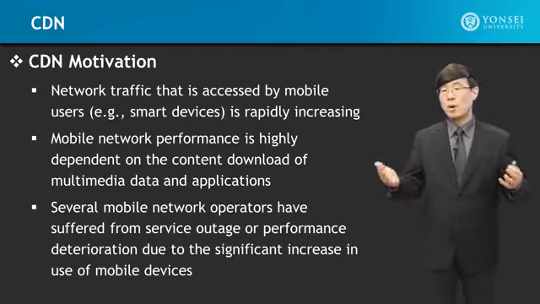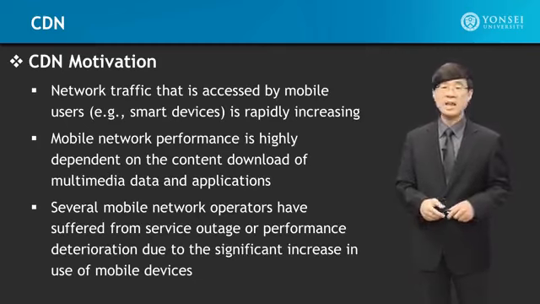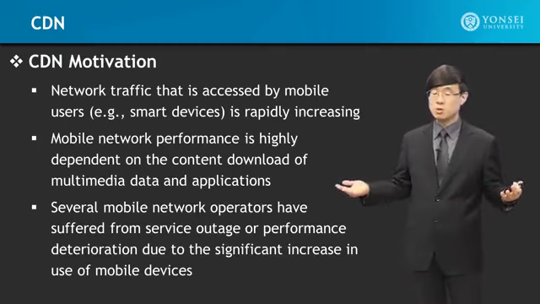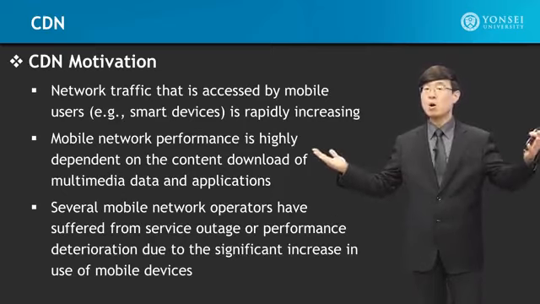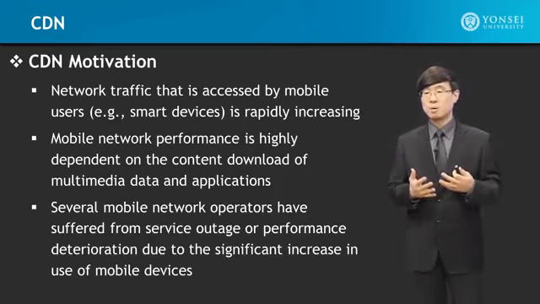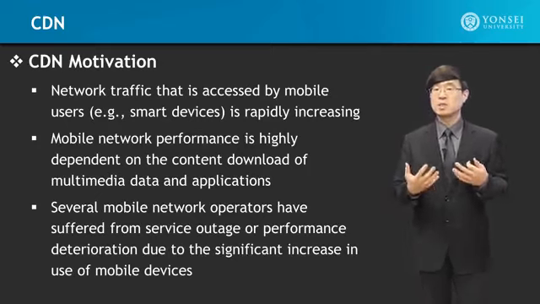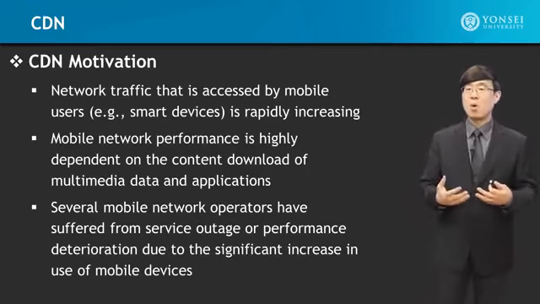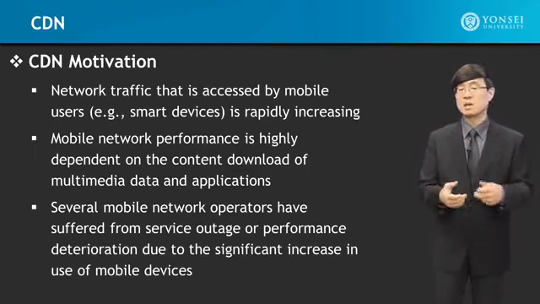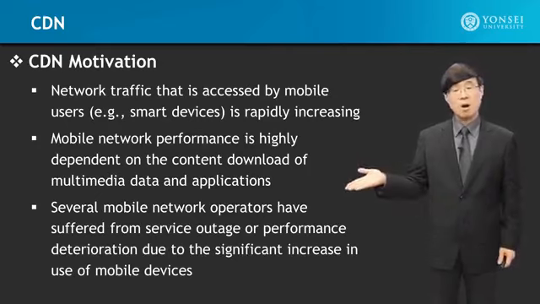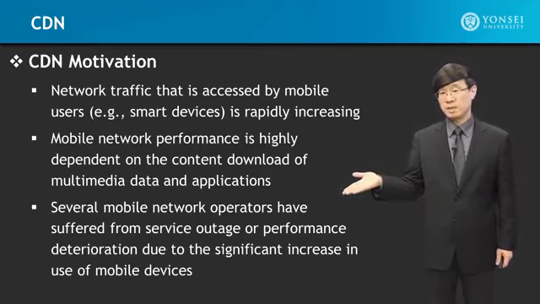So they are growing the network more and more, but not at the rate that the number of users are growing. So at a certain point, when there's more users than the network can support, you will see that services will be downgraded. It will stop, it will be halted, or it will become extremely slow to a level that it is useless. There are mobile operators that are experiencing this.